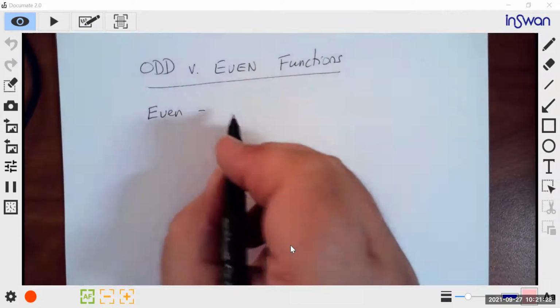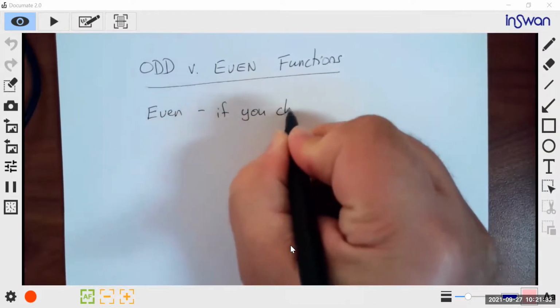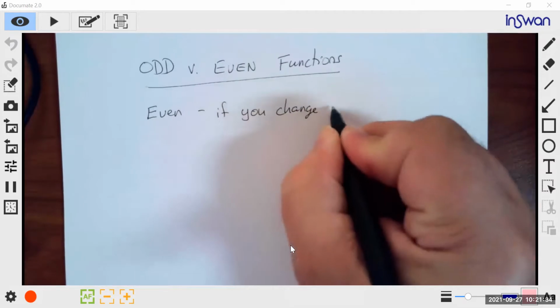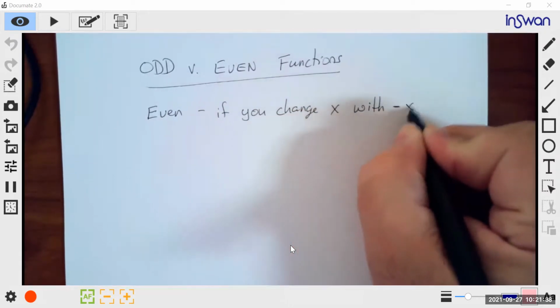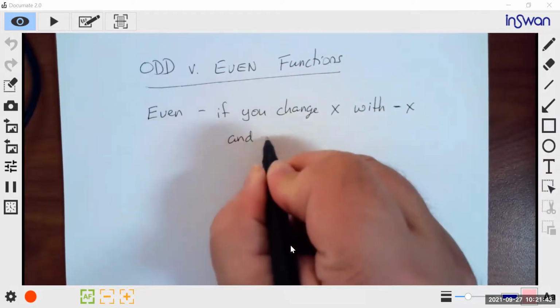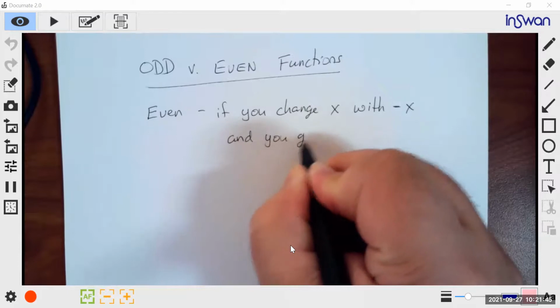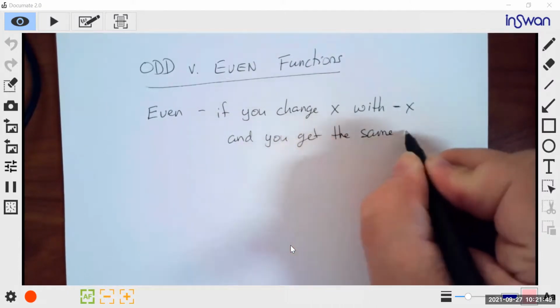It's even if you change x with negative x and you get the same equation.